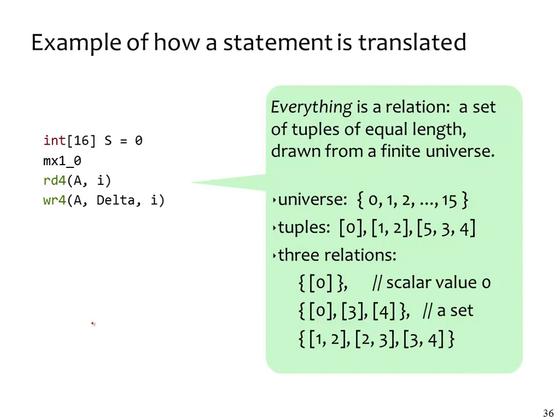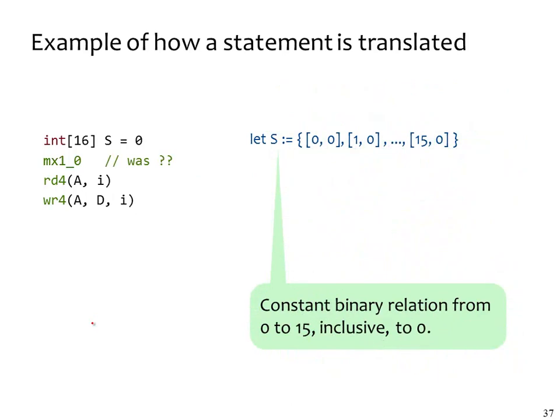And at the bottom, you have a binary relation, and this is what we're going to use to model integers. And it is also what you would use to model the heap in an object-oriented program, if that is what we had. Okay, so let's see how to translate this array initialization statement. So first of all, note that we're modeling an array as a binary relation from integers to elements.